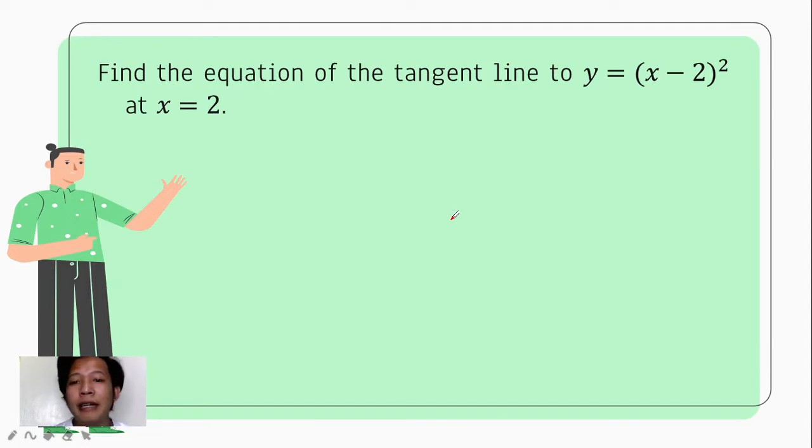Suppose we are to find the equation of the tangent line to y equals x minus 2 squared at x equals 2.